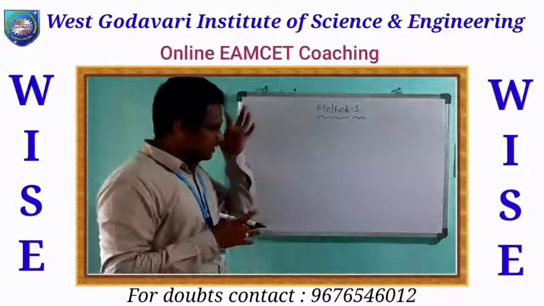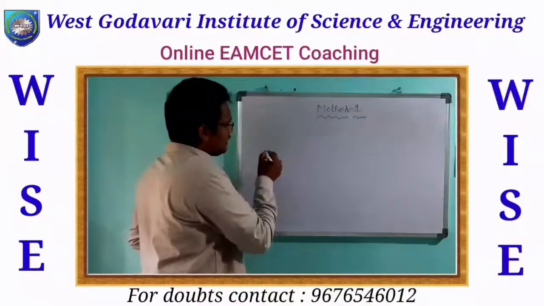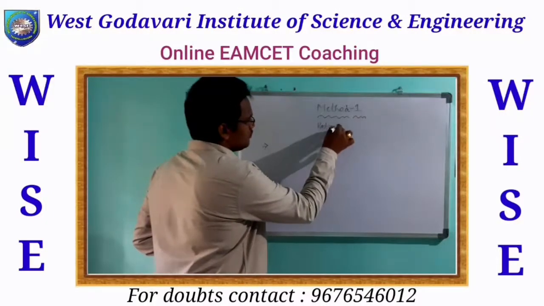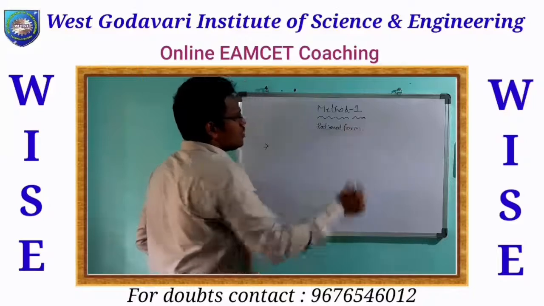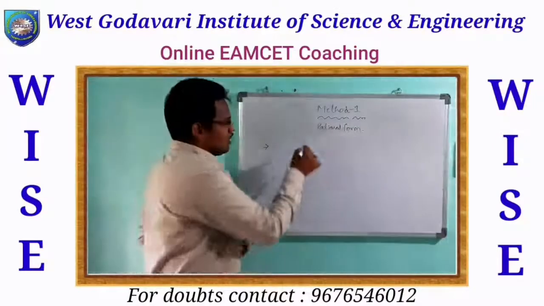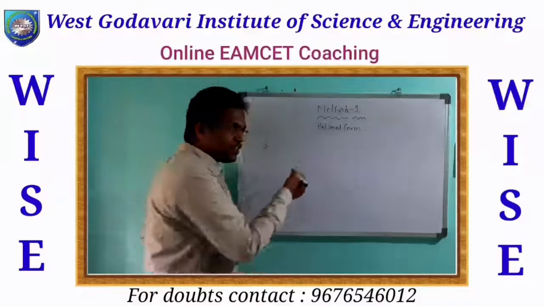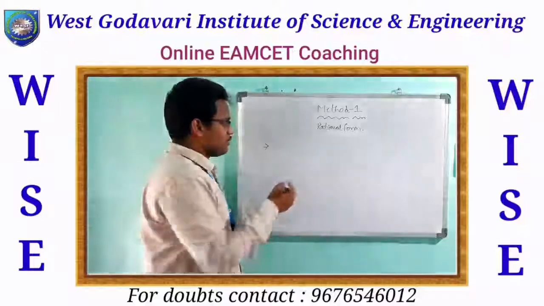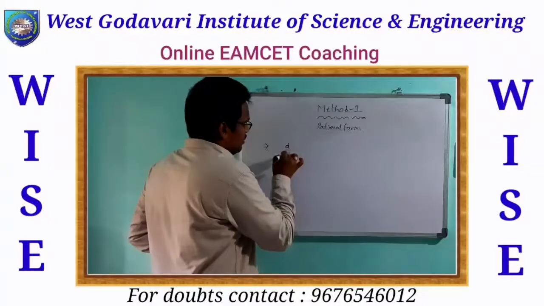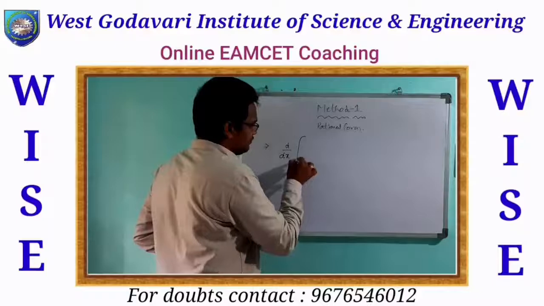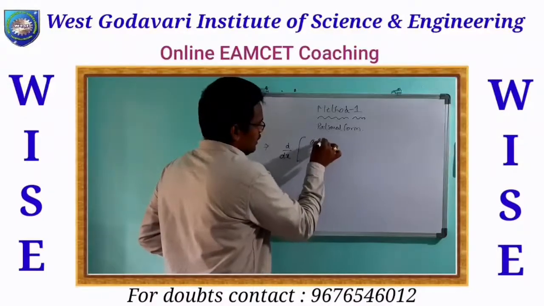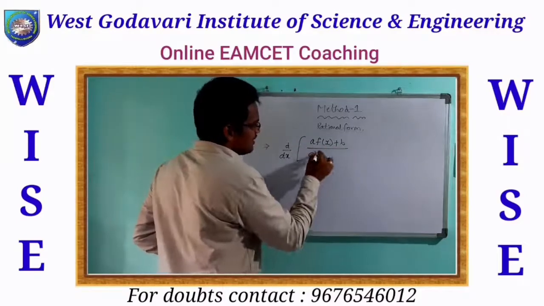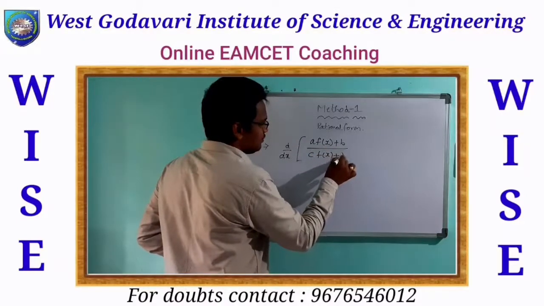In this concept, the first method belongs to the rational form. Rational form means the function is in the form of a numerator as well as a denominator. d by dx of (a into f of x plus b) upon (c into f of x plus d).